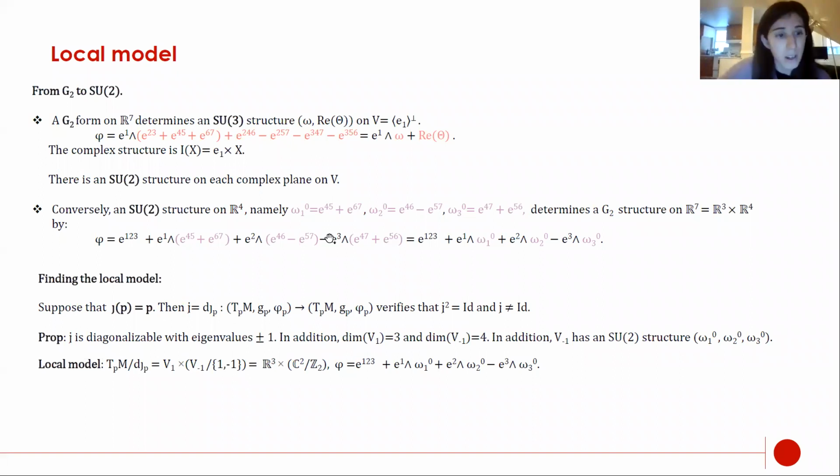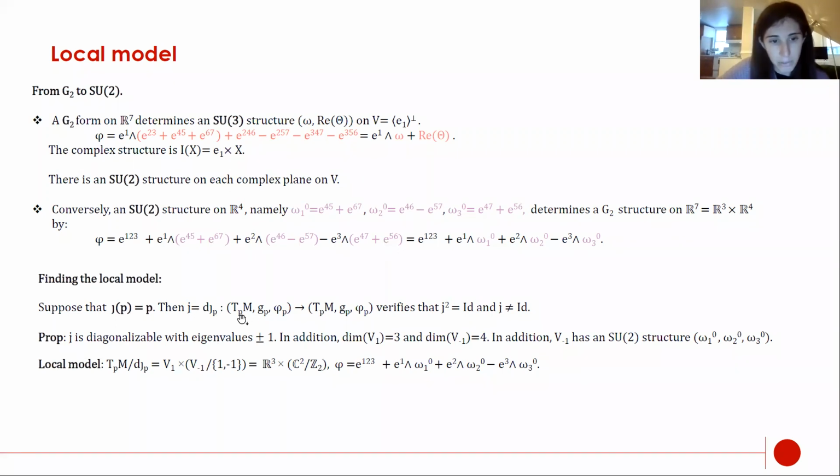So now let's move to how we can find the local model. For this, we take a point P inside the singular locus, that is, the fixed point of the involution, and linearize the map by considering the differential.